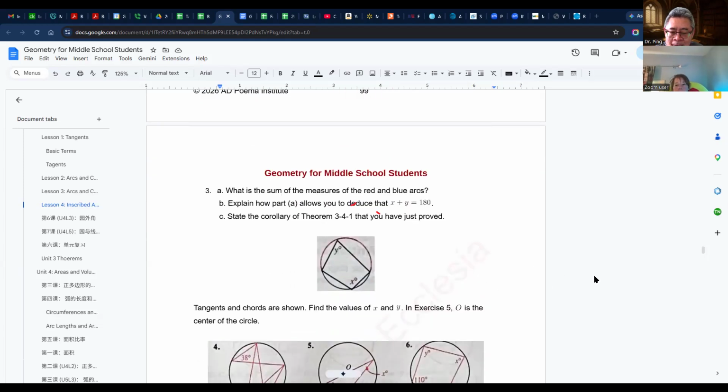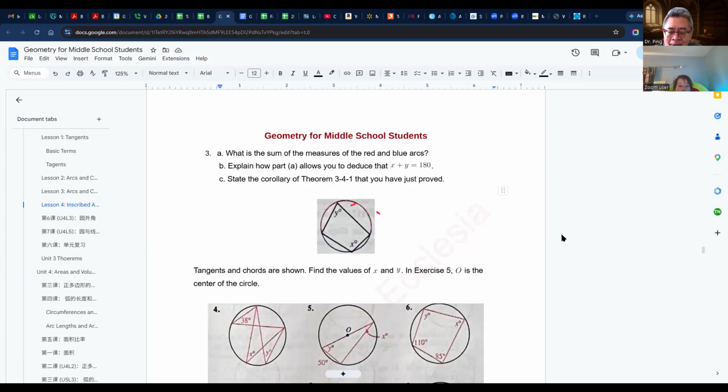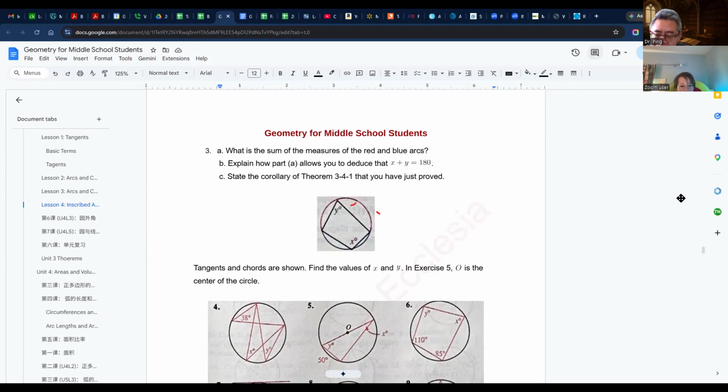Number 3, A. What is the sum of the measures of the red and blue arcs? So we can see that based on this, we're looking for the red one. They both add up to 360.